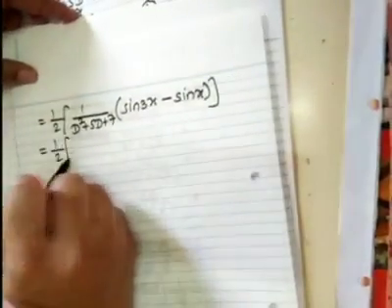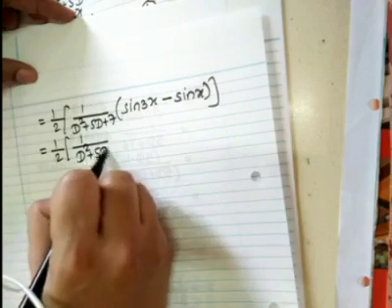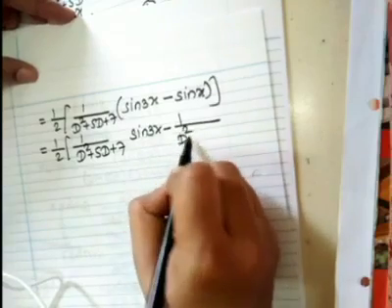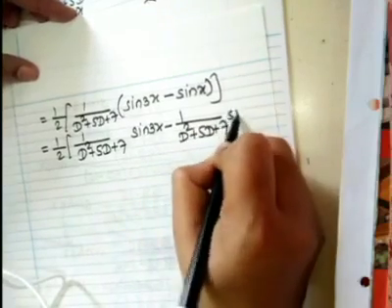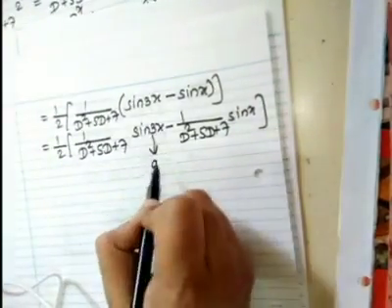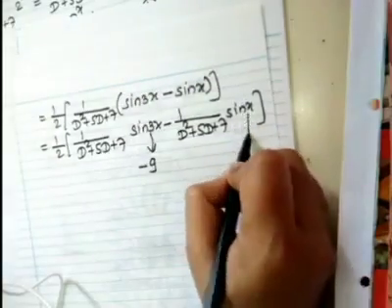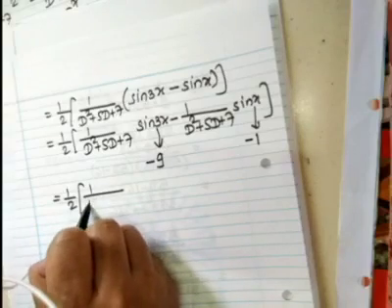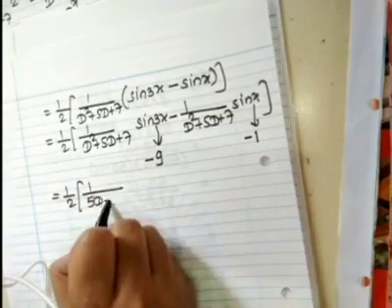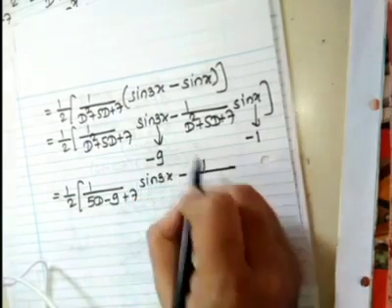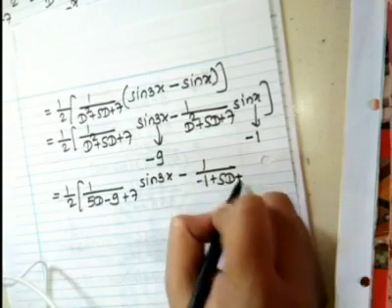So it is 1/2 into 1 upon D square plus 5D plus 7 on sin 3x, minus 1 upon D square plus 5D plus 7 on sin x. Here the number is 3 square, 9, and give negative sign, so minus 9. Here it is 1 square, that is 1, and minus sign. So it is equal to 1/2 into 1 upon 5D, D square is minus 9, plus 7 on sin 3x, minus 1 upon 5D, D square is minus 1, plus 7 on sin x.